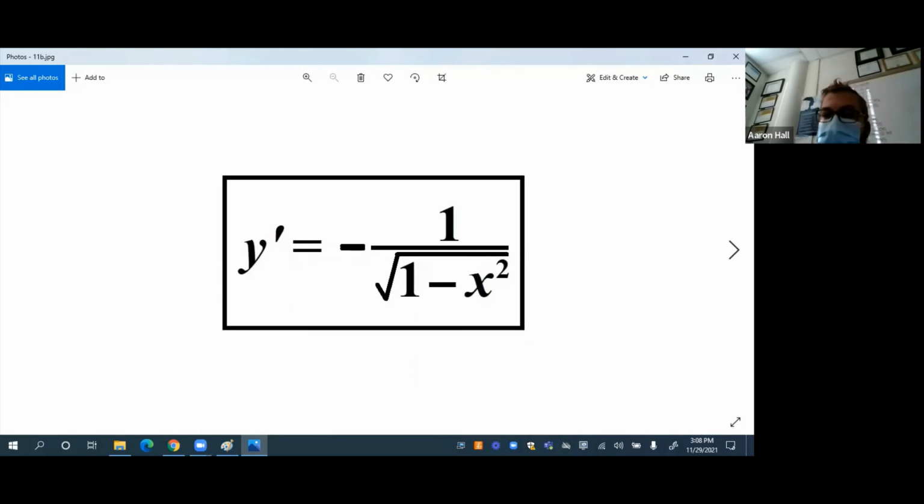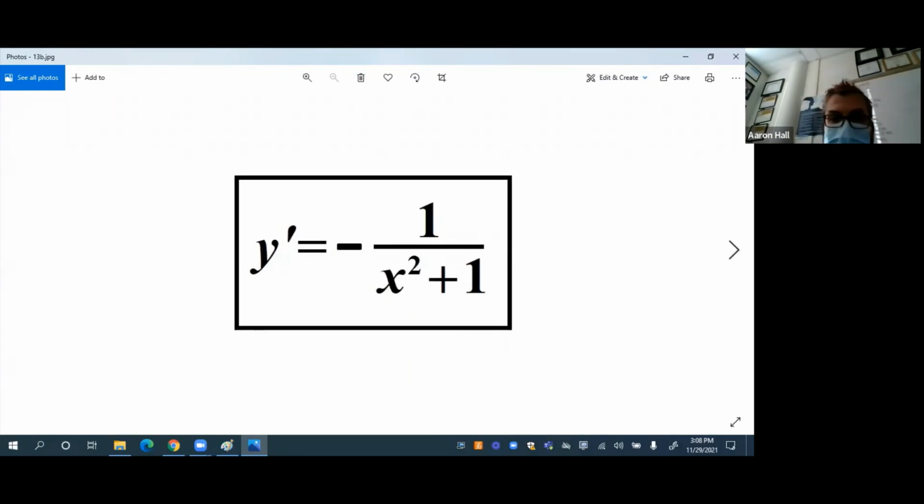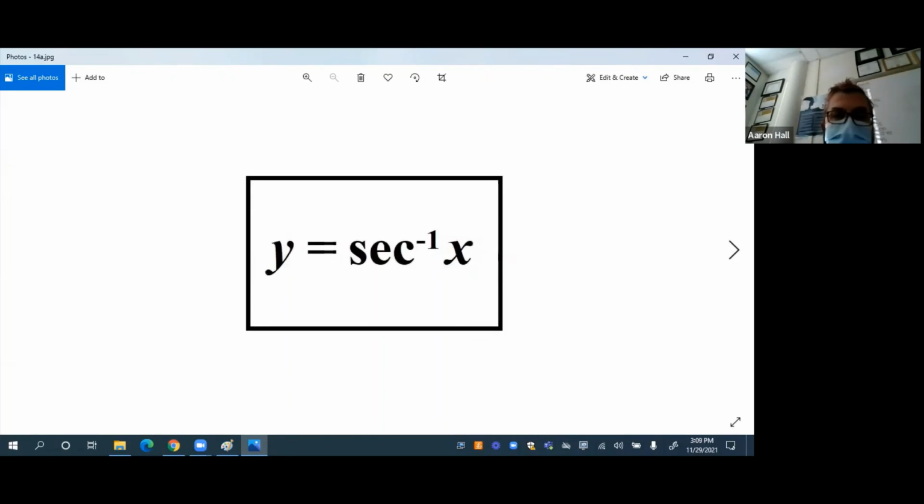Okay, there we go. What about the derivative of the inverse of cotangent of x? Yeah, this is a cofunction, so it's negative. So I have negative 1 over x squared plus 1. Yep. Okay, next one. What is the derivative of the inverse of secant of x?